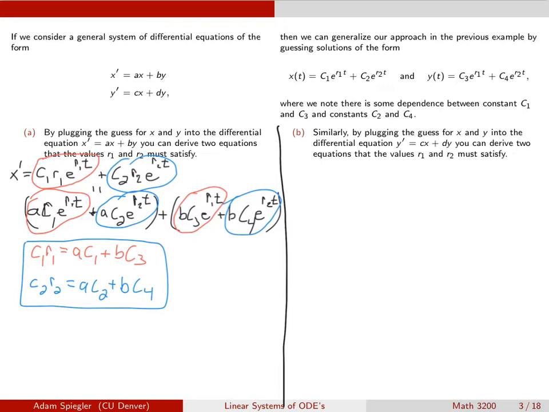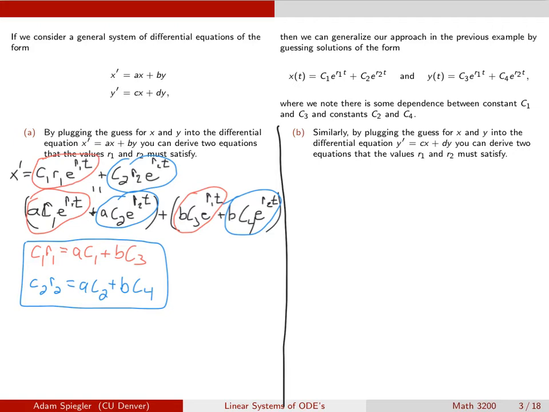And let's do a similar analysis with the differential equation for y. So if I am guessing that y looks like this, then let me use this equation for y prime to figure out some additional conditions on r1 and r2.